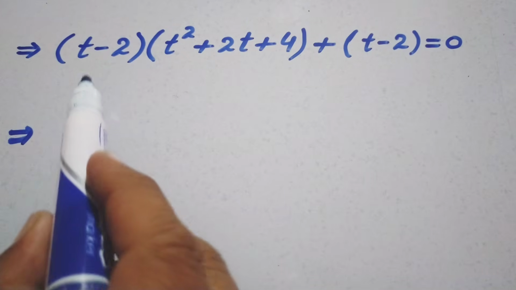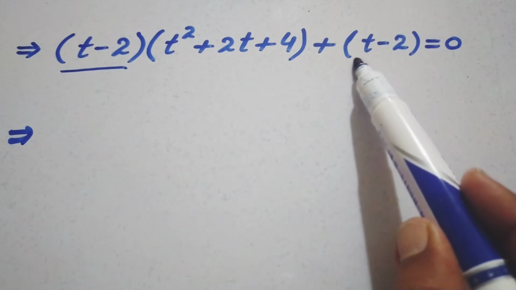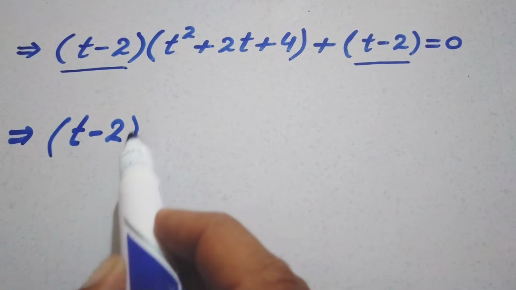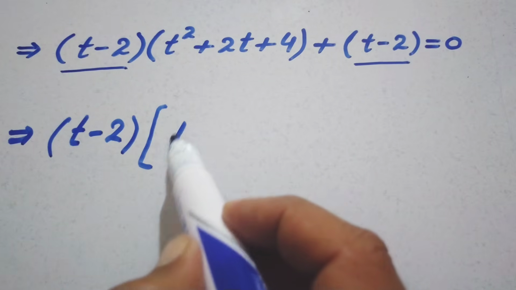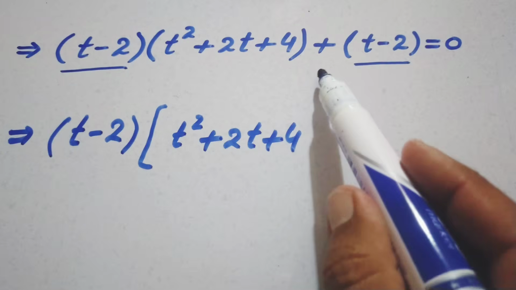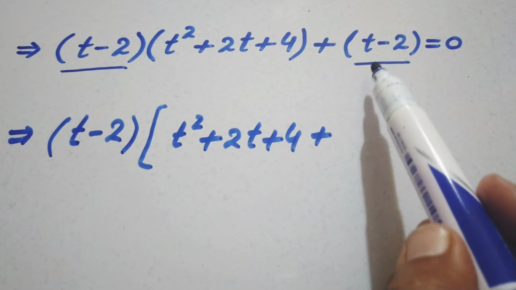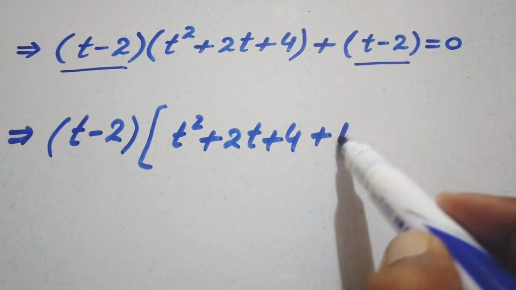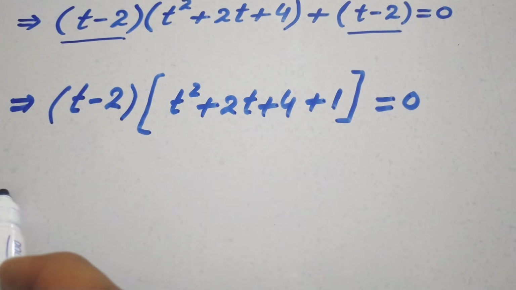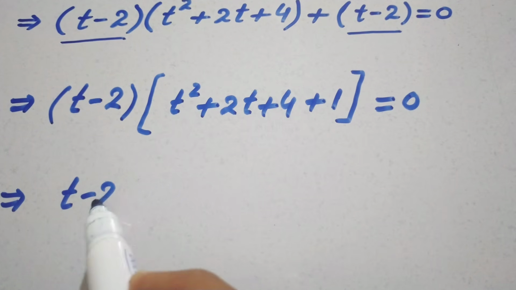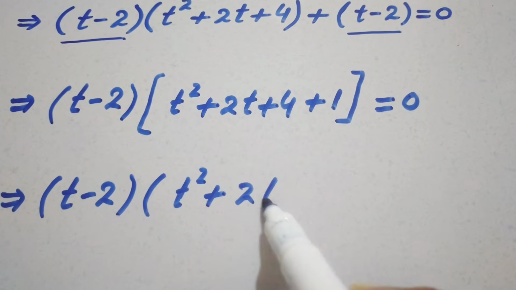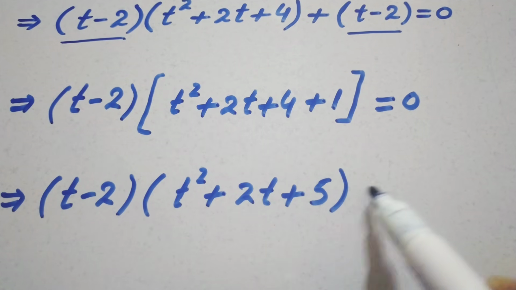Now t minus 2, take it common, and inside here t squared plus 2t plus 4, and here plus t minus 2, which we have taken common, and inside 1 will be left, is equal to 0. Now we have t minus 2 into t squared plus 2t plus 4 plus 1, 5, is equal to 0.